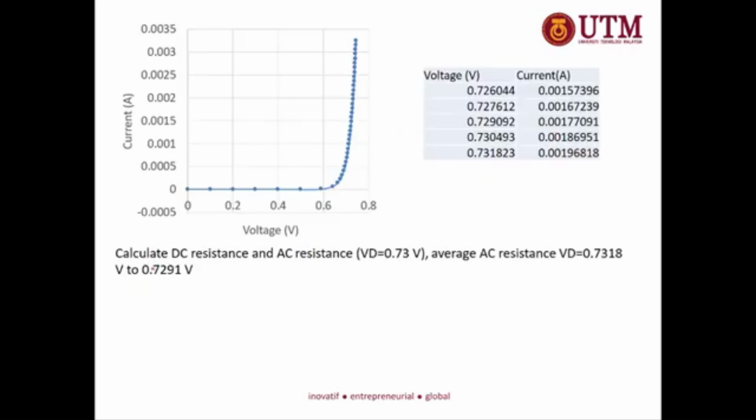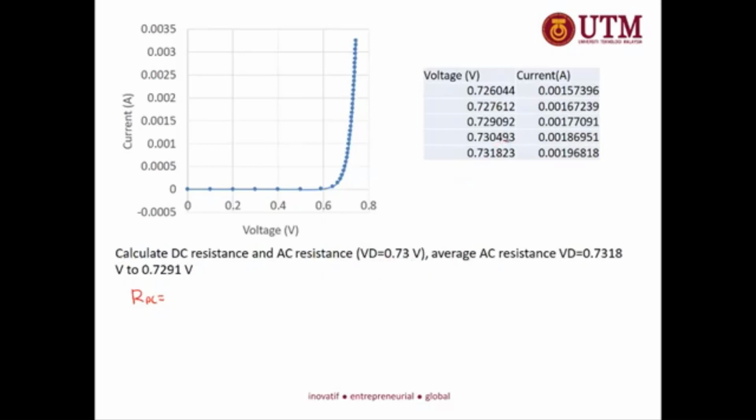The question is you need to calculate the DC resistance, AC resistance, and average resistance. DC resistance at VD equal to 0.73 volt. So RDC is equal to, okay, you look at the table here. Where is VD equal to 0.73?